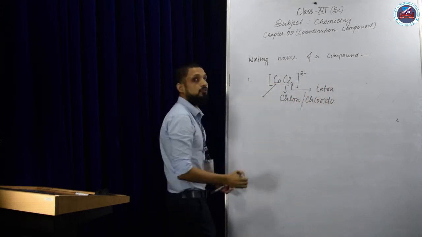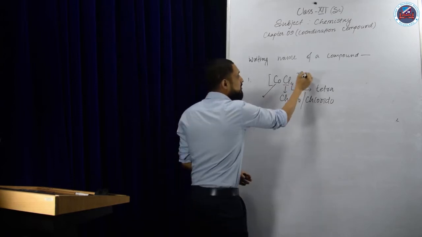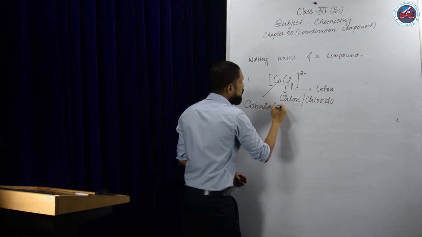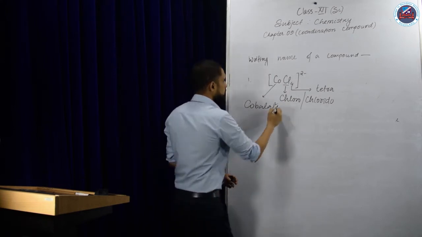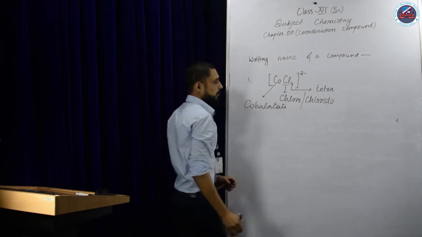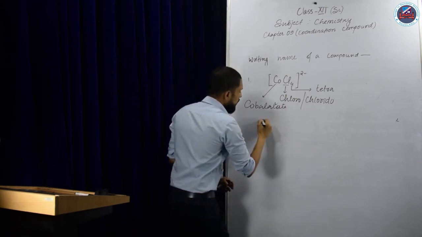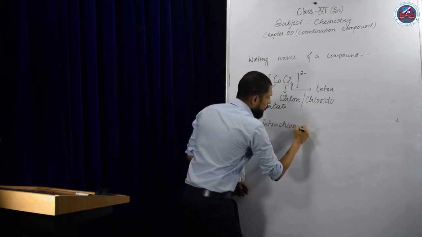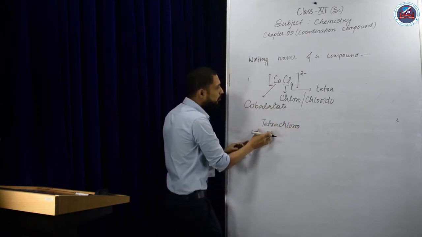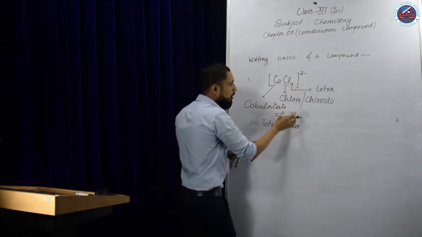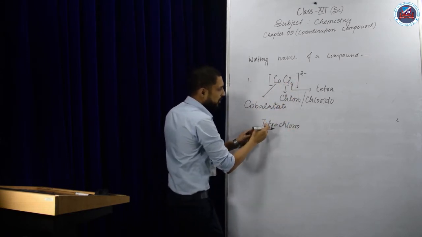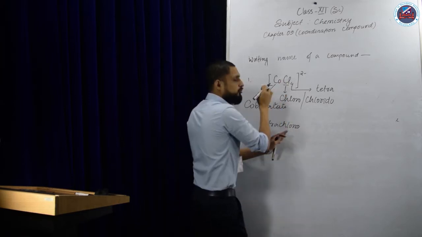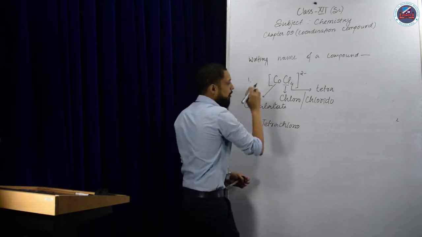Co is cobalt, but since it's anionic in nature, it will become cobaltate. So we start with the ligand, that is tetrachloro. Tetra means 4, chloro is Cl. Next, we write the name of the central metal ion, that is cobaltate.